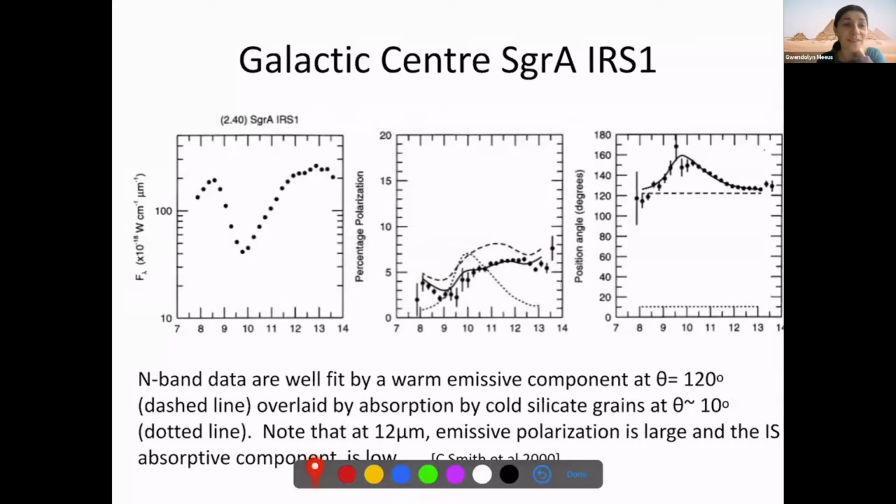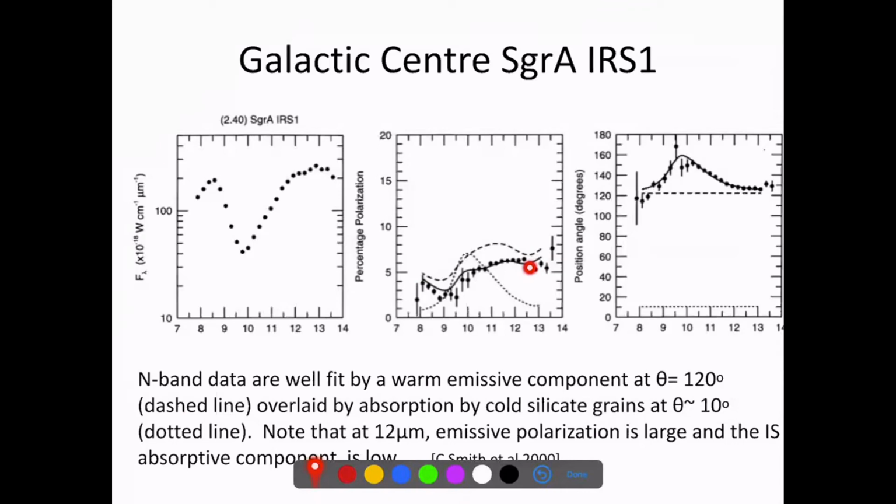So what this demonstrates is that if you want to measure the intrinsic, the emissive polarization in this region of the galaxy, and you make measurements out here in the 12 micron region, the emissive polarization is quite high, but the absorptive polarization is quite low.